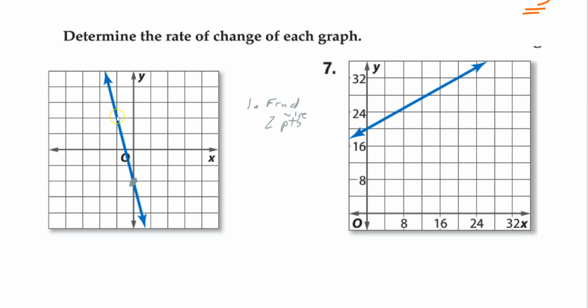Nowhere here, but here. That point crosses nicely. Right, in this case I have the point negative 1, 2. And right here I have the point 0 and negative 2. So find 2 points, and then it's your choice. You could either do y2 minus y1 over x2 minus x1, or since we have a graph, you could do rise over run.